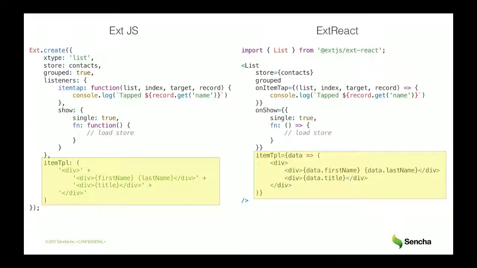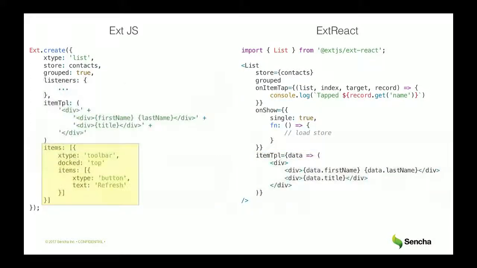And so with ExtReact, any place that you could provide a template, you can provide a function that returns React elements. And it works basically the same way, except it's a pure JSX solution to that problem. It actually goes a step further than what you can do with XTemplate, because in addition to just returning HTML, you can also return components, including ExtReact components. So basically anything you can do in React, you can do in a template in ExtReact.